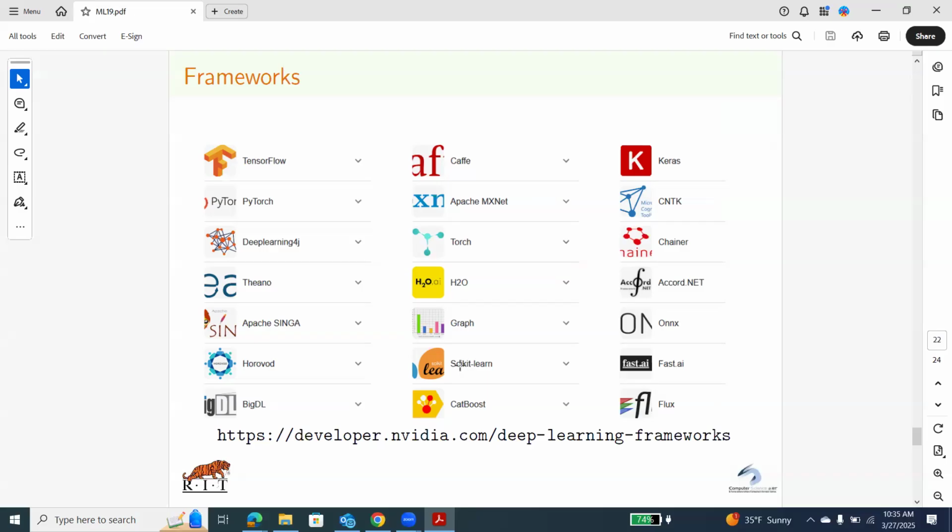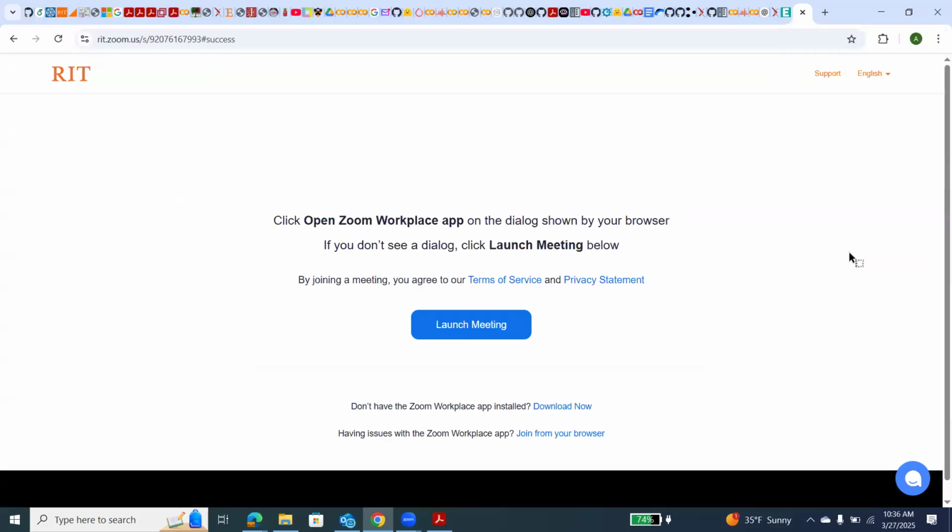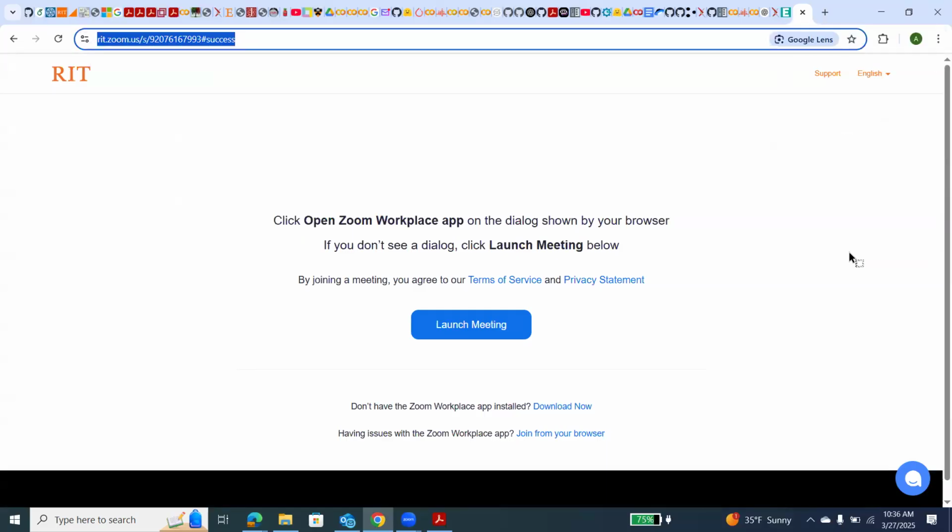And for some reason, in this list from NVIDIA, there is no this framework, but this is a very popular framework from Google, which allows to work with Google TPUs. Multidimensional arrays they call tensors, and TPU stands for tensor processing unit, like graphical processing units. It's called JAX.